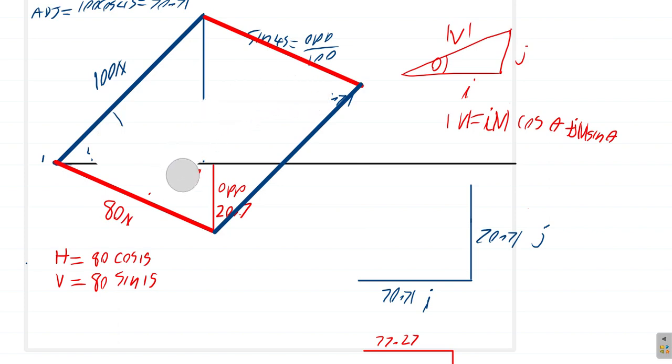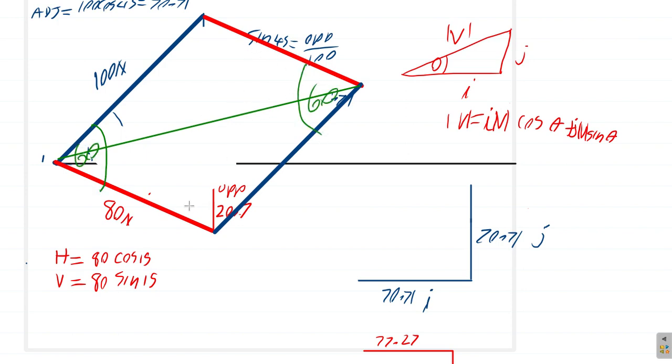Try to remember it's 15 and 45 degrees. So we form the parallelogram. 15 and 45 give 60 degrees. So all of this would be 60. We want to find the angle here.